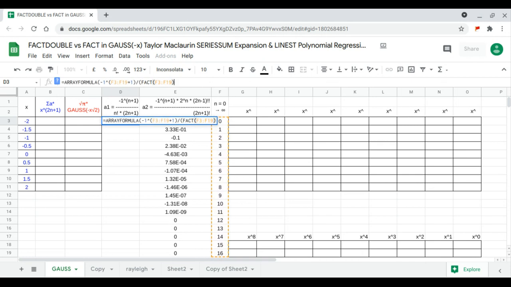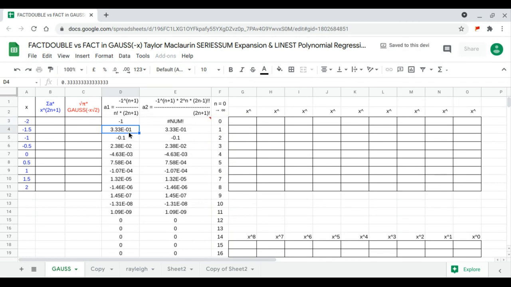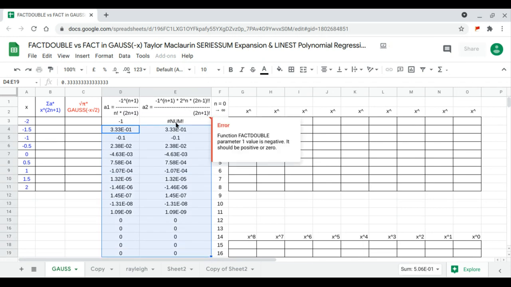The second part times the quantity 2n plus 1. So the quantity 2 times n plus 1. Then enter. They're exactly the same, except for the first item.